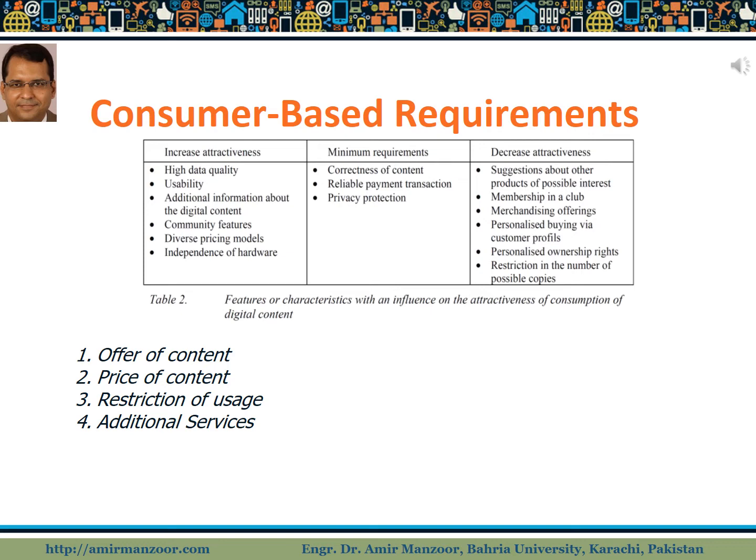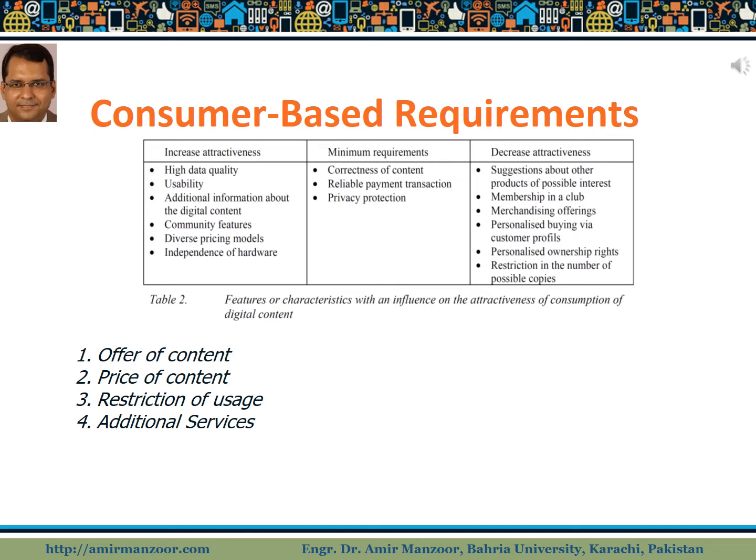And there are also some features that can actually decrease the attractiveness of the content. So for example, some of the minimum requirements of the digital media content are the correctness of the content, the reliable payment transaction, and the privacy protection. A business selling the digital media content cannot survive unless they fulfill these minimum requirements.